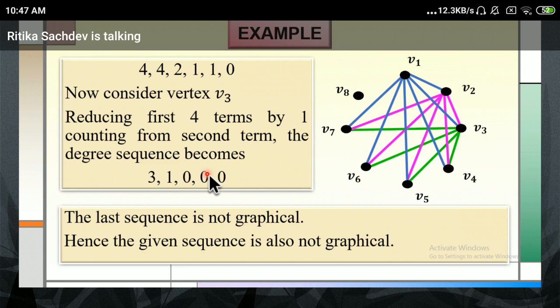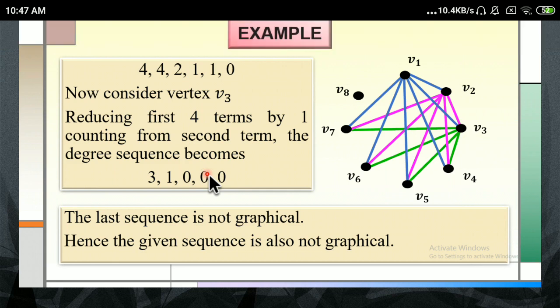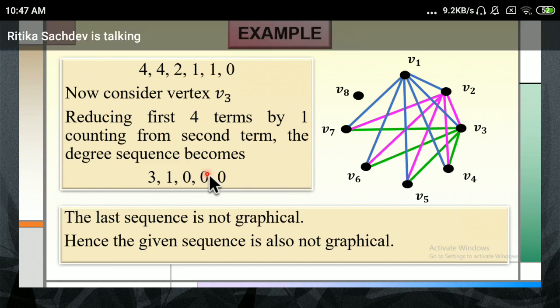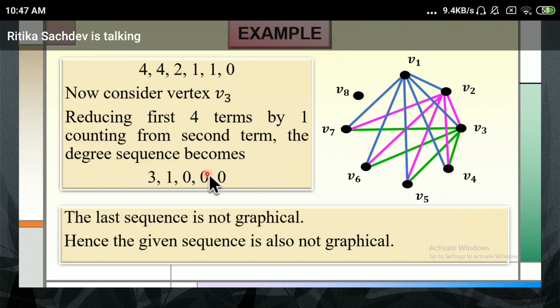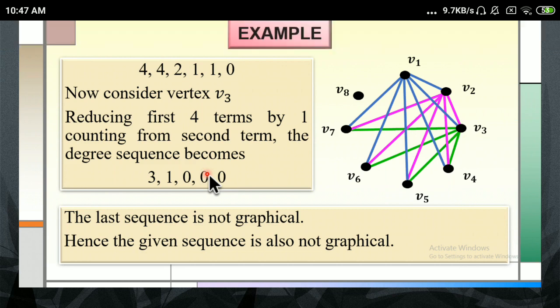So this is the third way of checking whether the graph exists or does not exist when the first two conditions fail. If you have any doubt till now, please ask. Otherwise, I'll proceed further with the next example.